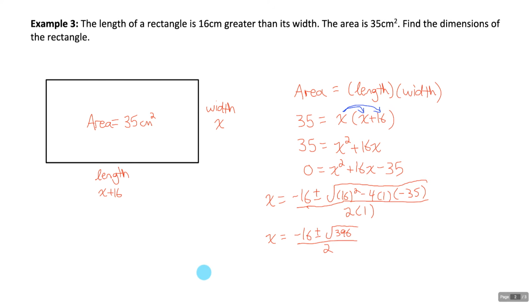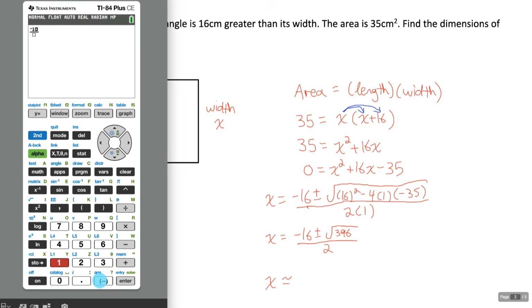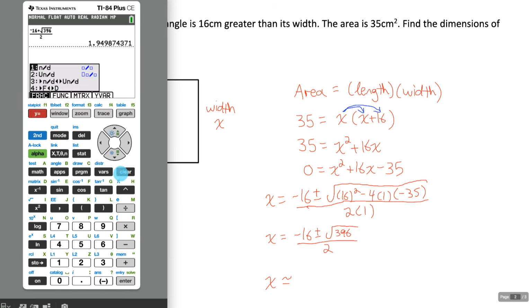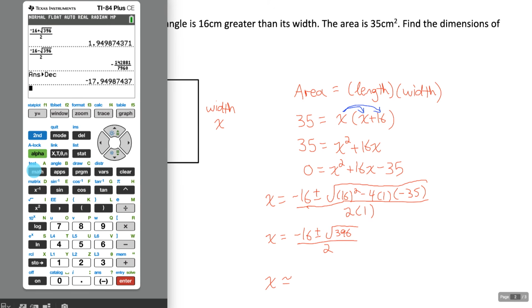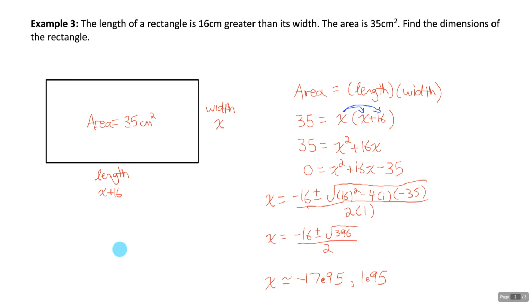So I can split this into my two possible answers by doing negative 16 plus the square root of 396 all over 2, and doing negative 16 minus the square root of 396 all over 2. And my two possible answers are negative 17.95 and 1.95. Because this question is about side lengths, I know that I can't have a negative answer, so I can reject the negative 17.95 and just use 1.95 to calculate my final answer.